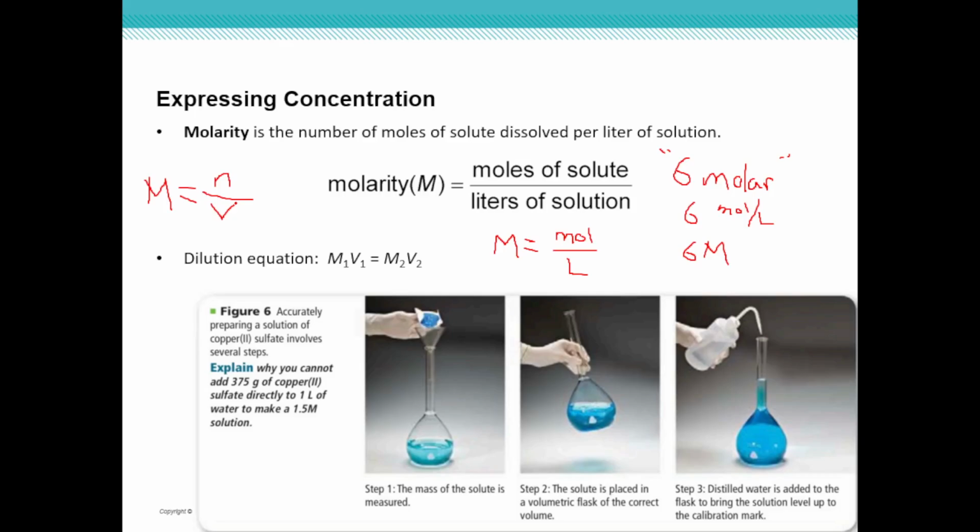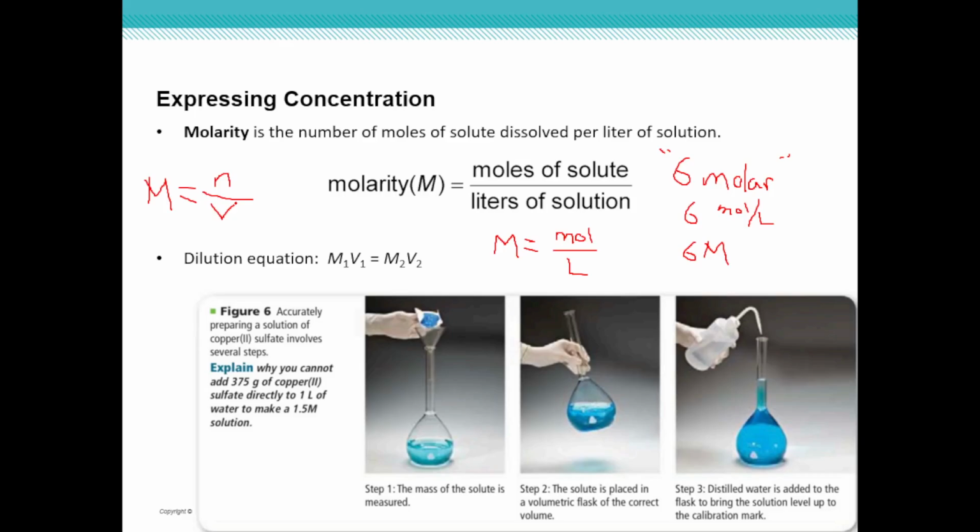Well, my initial stock solution of 6 molar hydrochloric acid would be condition 1. So let's say I wanted to water it down. I wanted to get 500 milliliters of a 2 molar solution. So on the right side of this equation here, that's the solution that I want, and then the left side of that is the stock solution, the solution I'm starting with.